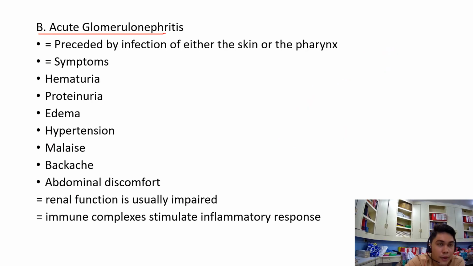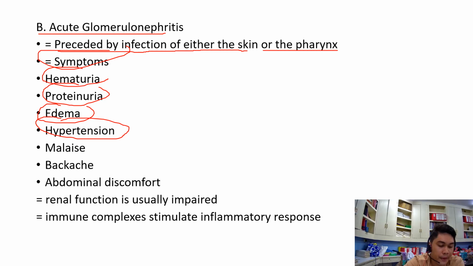Next, acute glomerulonephritis. It's usually preceded by infection of either the skin or the pharynx. Symptoms are hematuria, proteinuria, edema, and hypertension. These symptoms appear due to renal impairment.